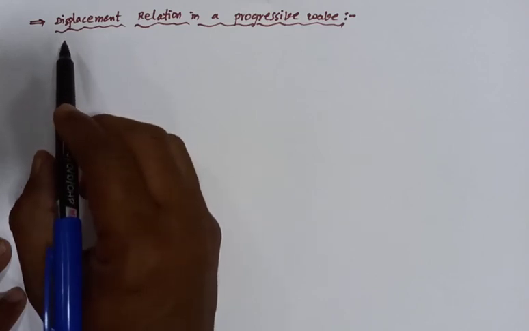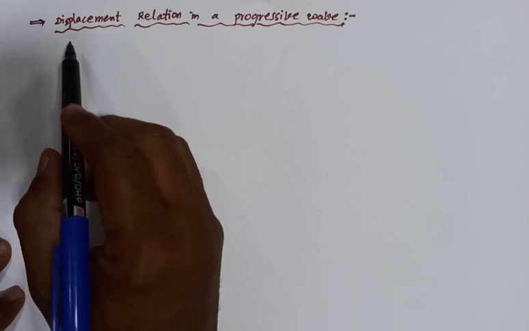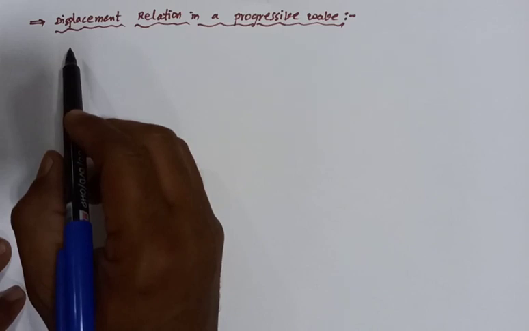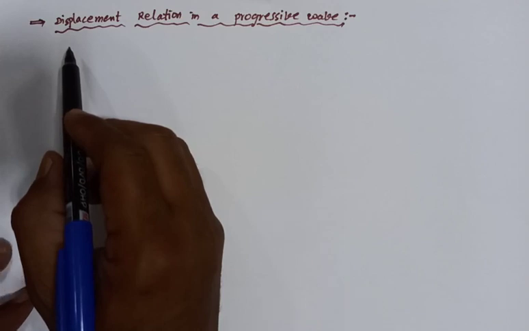The mechanical waves, according to direction, are also of two types: progressive waves and stationary waves. And again, the progressive waves are divided into two types: longitudinal waves and transverse waves.